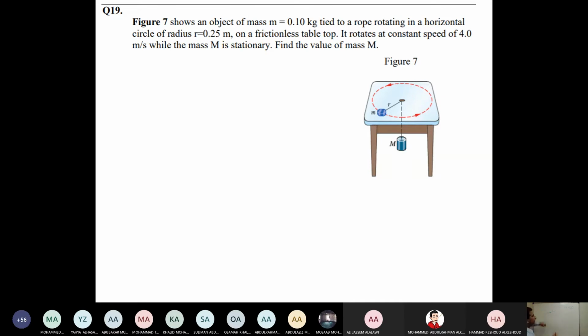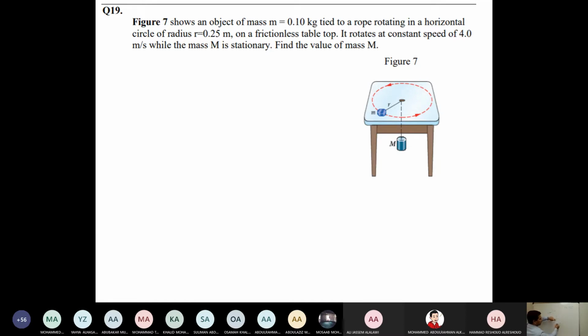Then there is another mass which is hanging below the table, and the string is coming to that mass like this. That is the capital mass. We know the tension with respect to that is upward. And they are saying this mass is stationary. It doesn't go up and down.